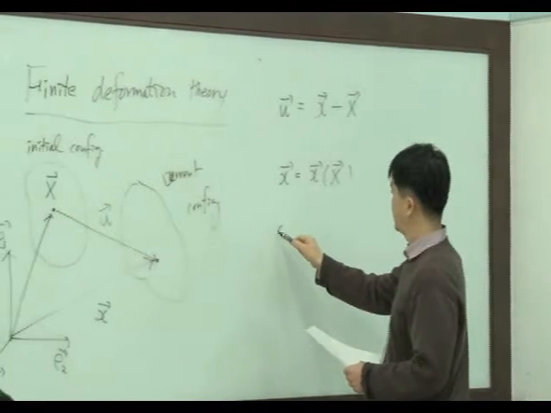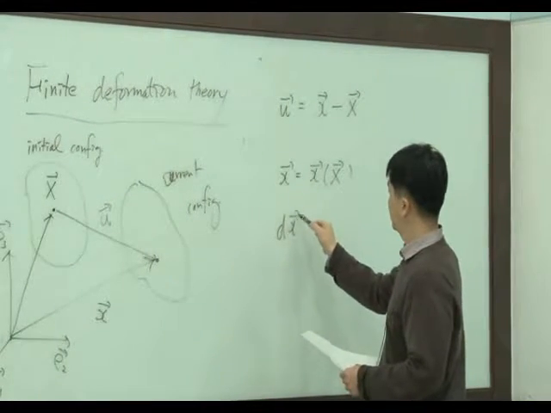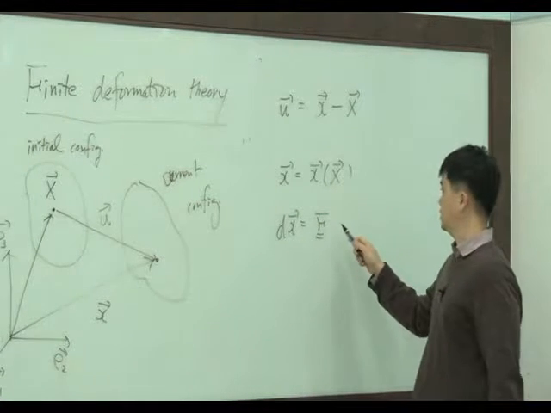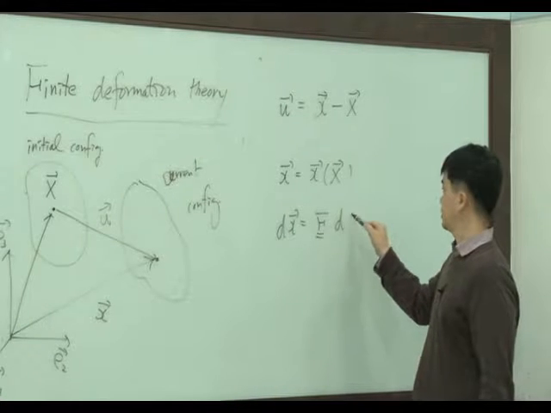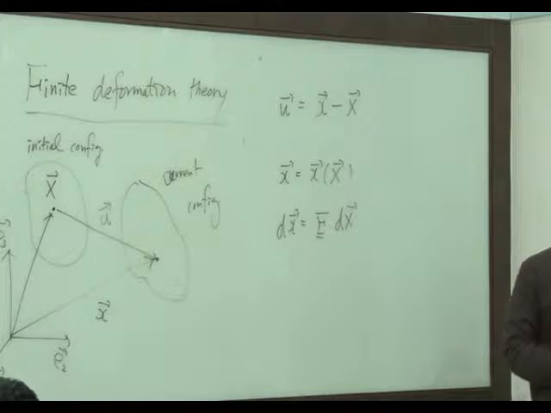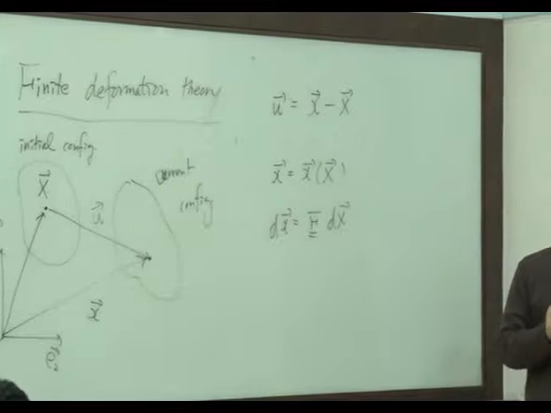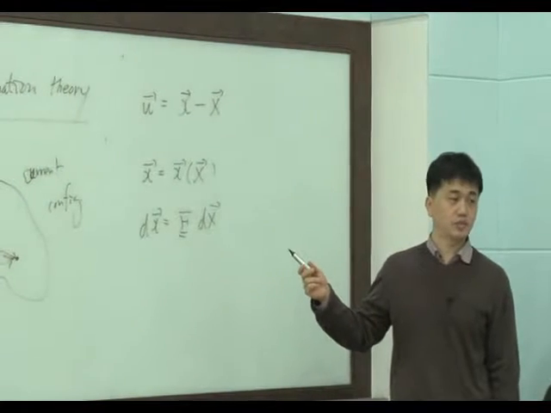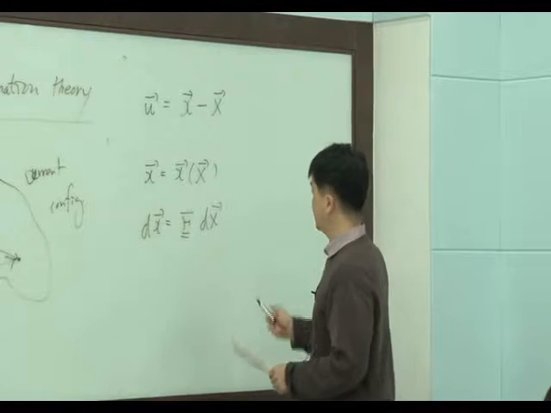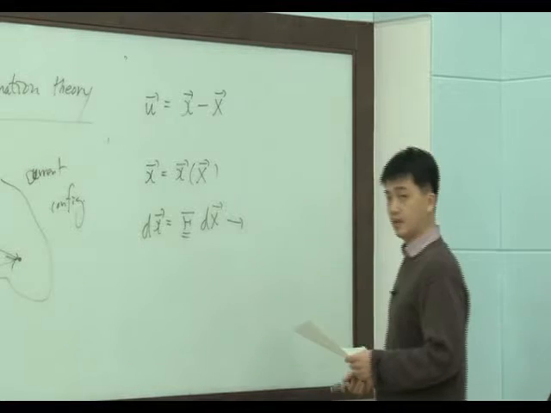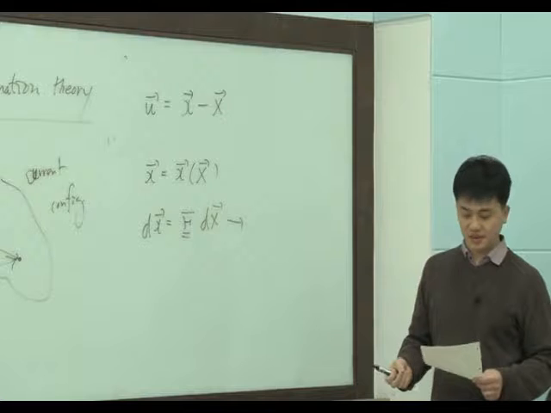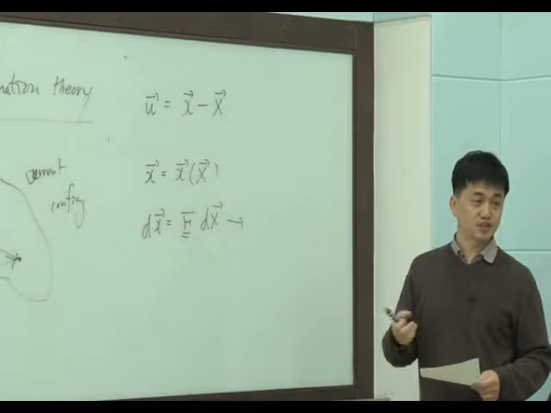And between the current material vector and initial material vector, the relation is the deformation gradient or deformation tensor, a 3x3 matrix. And based on this, we calculate a lot of things, right? Volume change, length change, angle change, and change of surface, right?